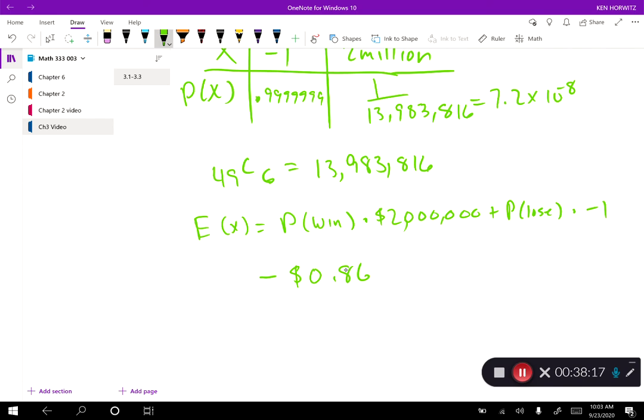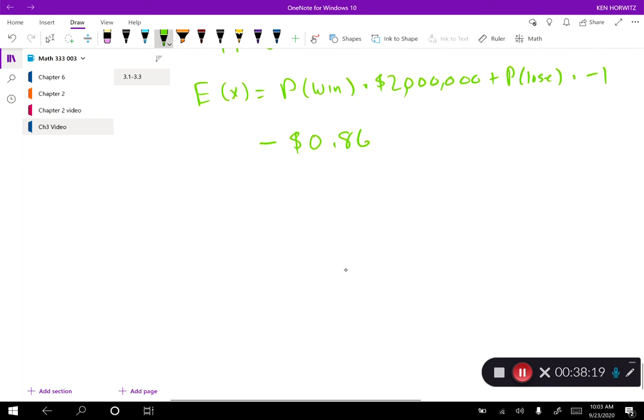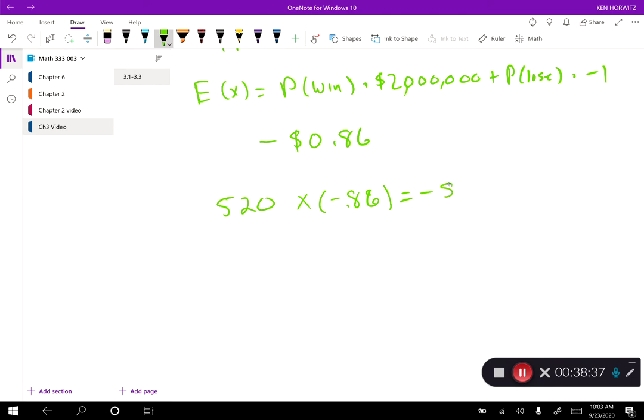All right. Basically, what you do is you take how many weeks there are in 10 years. If there's 52 weeks in a year, it's 520 weeks in 10 years. But I'm going to multiply that times negative 0.86. And I got it to be negative $447.20.